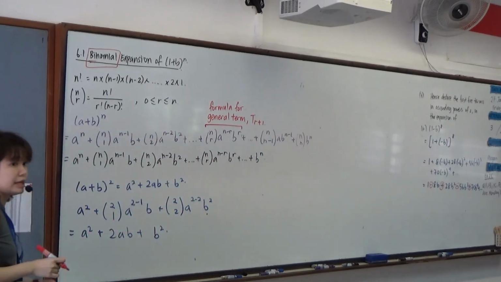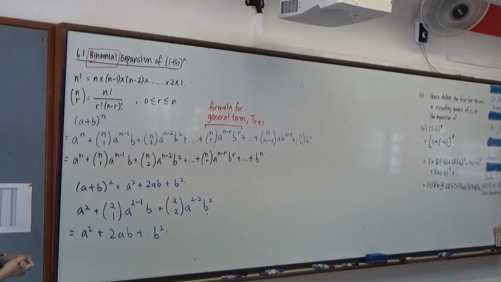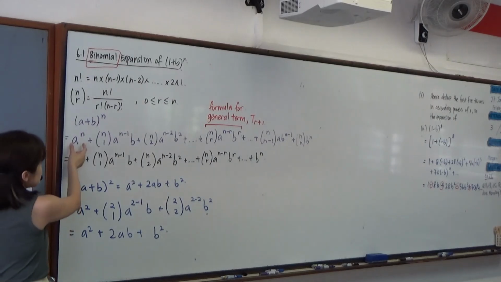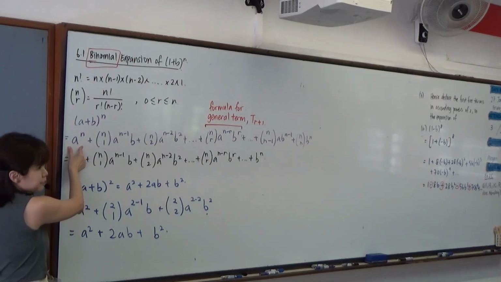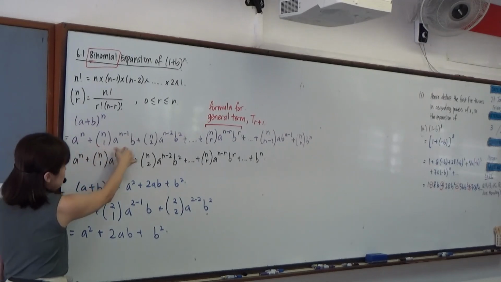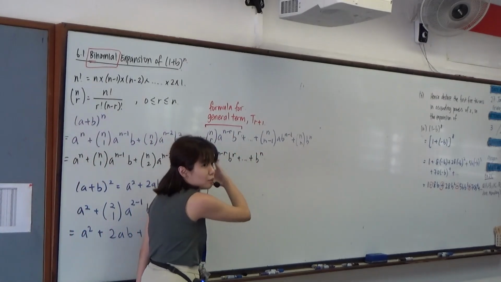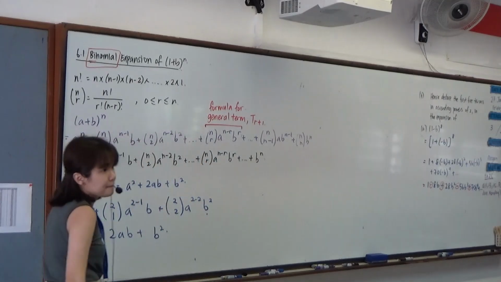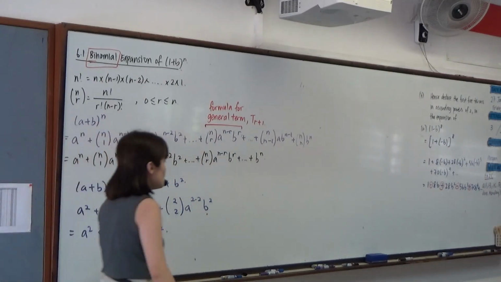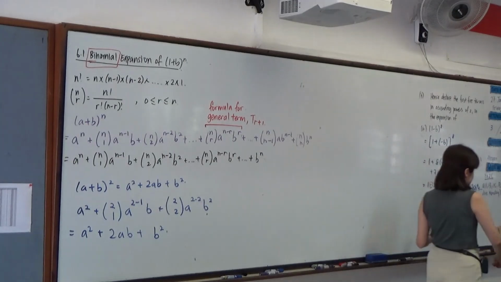I'll talk more about it as we move into that part. We need to first recognize what the terms are. This is what we call the first term, plus second term, plus third term, and so on, depending on what the expansion is going to be like. So, let's look at an example, shall we?